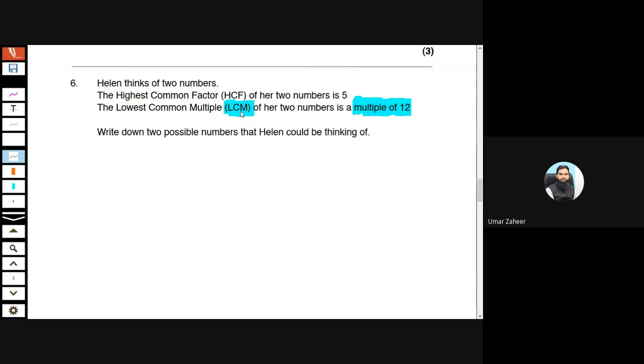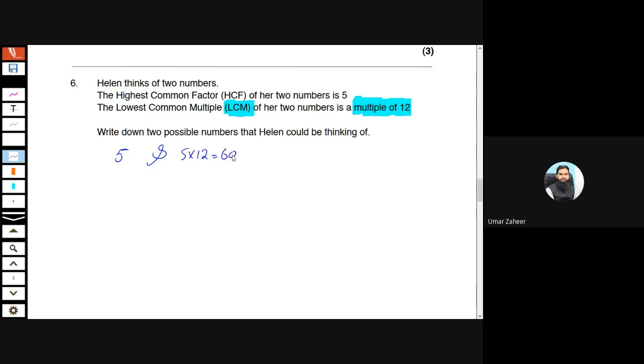So obviously you have HCF is 5. So one number can be 5, right? And the second number is going to be 5 multiplied by 12. That is going to be, yes, 5 times 12 is 60.